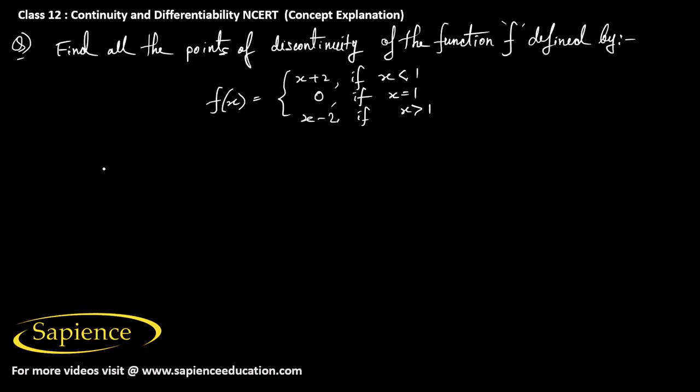Now here we can see that limit x tends to c of f of x equals f of c for all values of x not equal to 1. If c is less than 1, we use x plus 2, so that will be c plus 2. If c is greater than 1, we use x minus 2, so that will be c minus 2.